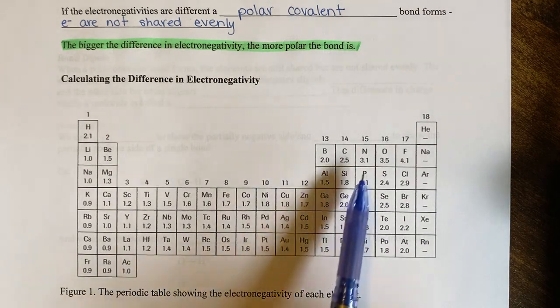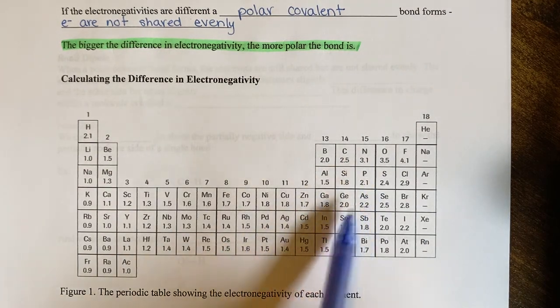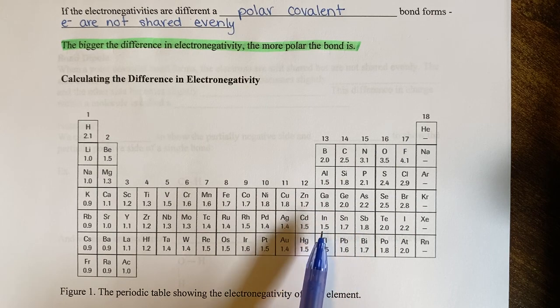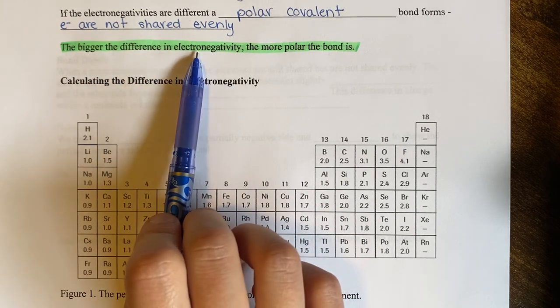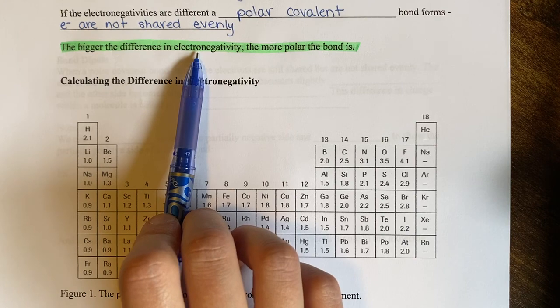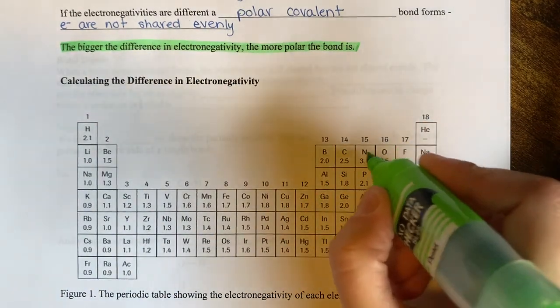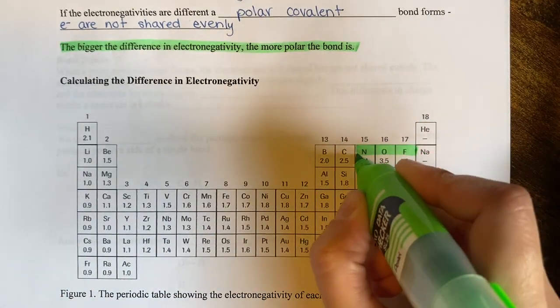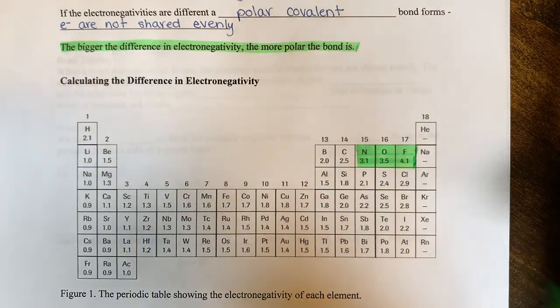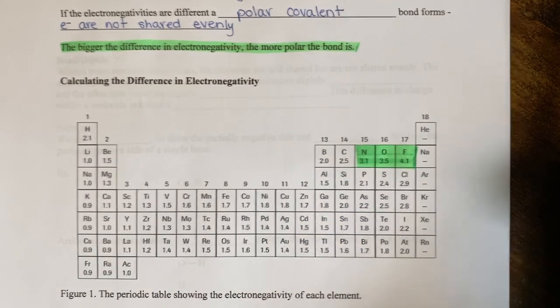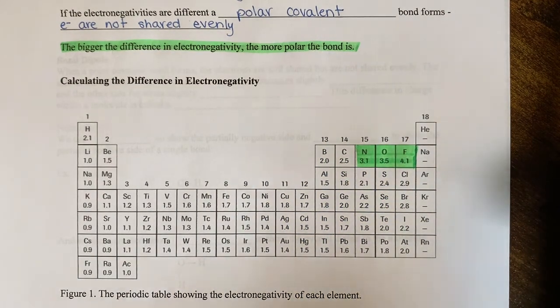So what this means is we can actually check individual elements and see what the difference is in the electronegativity between those two elements. Three special elements of note would be nitrogen, oxygen, and fluorine, because they have by far the highest electronegativity of all of the elements on the periodic table.